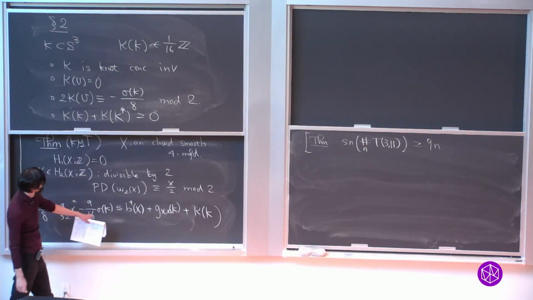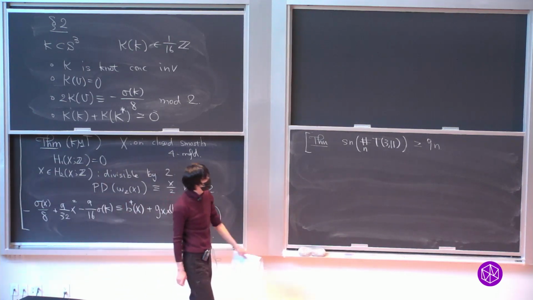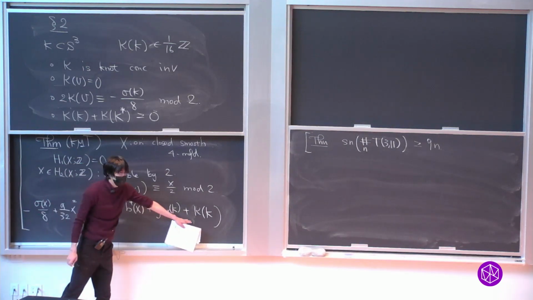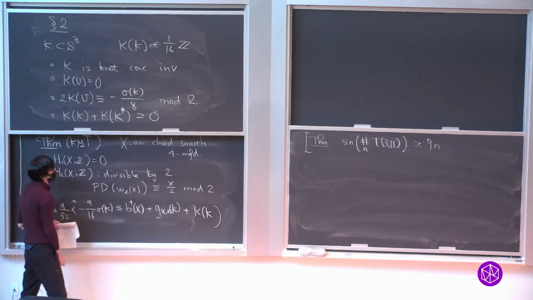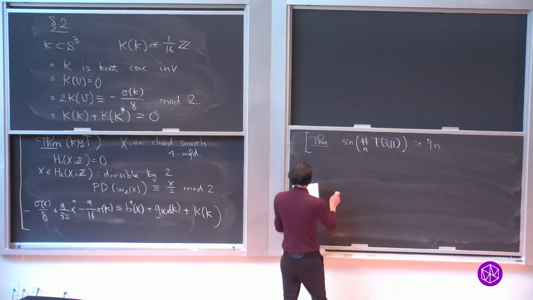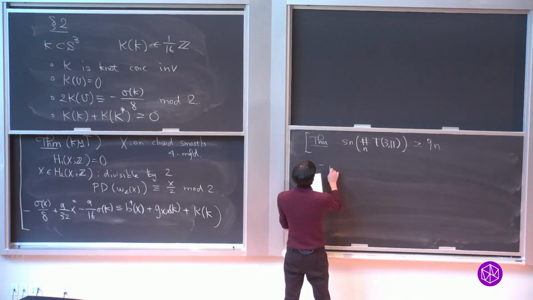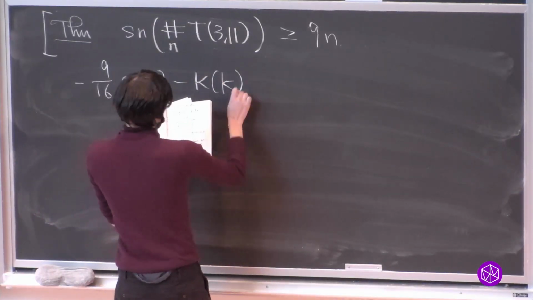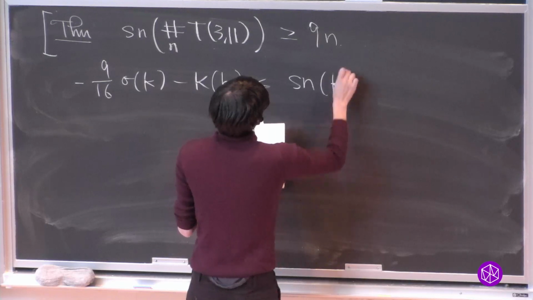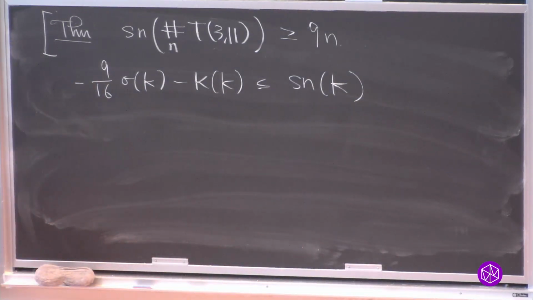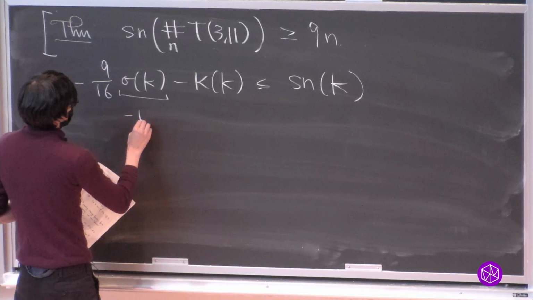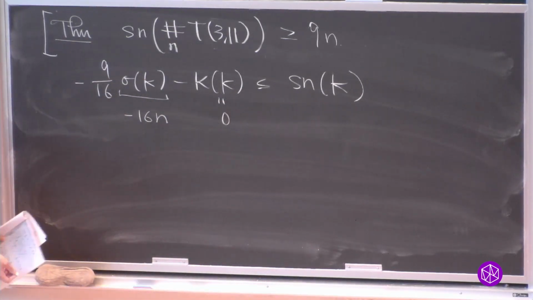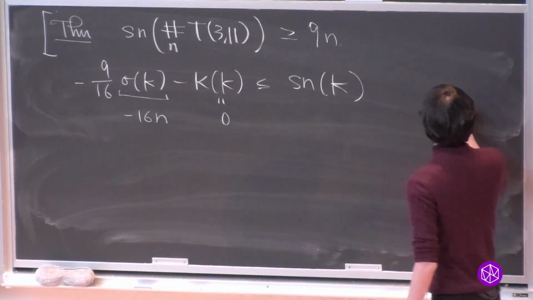And we know the signature of the T(3,11) torus knot is -16, and the kappa invariant was 0 by the mu bar invariant. So just putting all things in, we obtain the following inequality. This is our inequality, and this is -16m, and this is 0. So that easily implies this result.